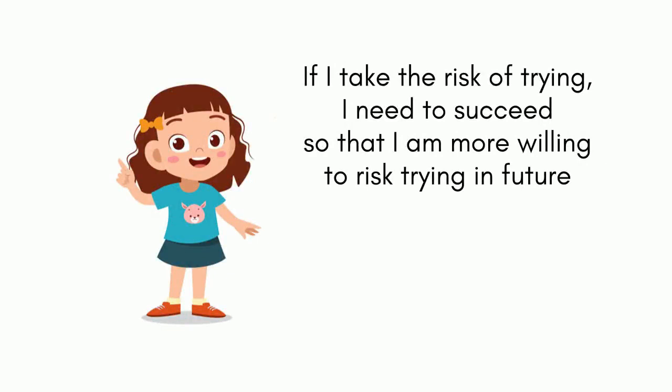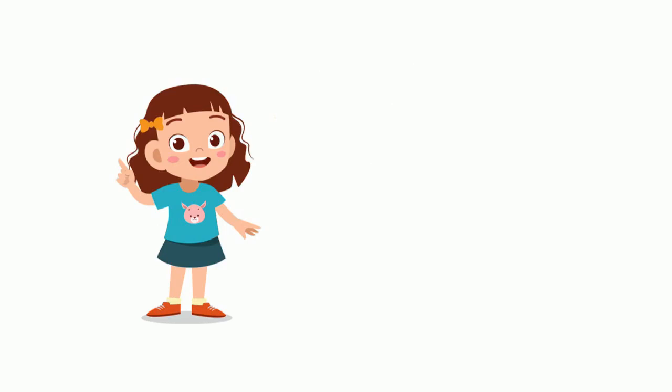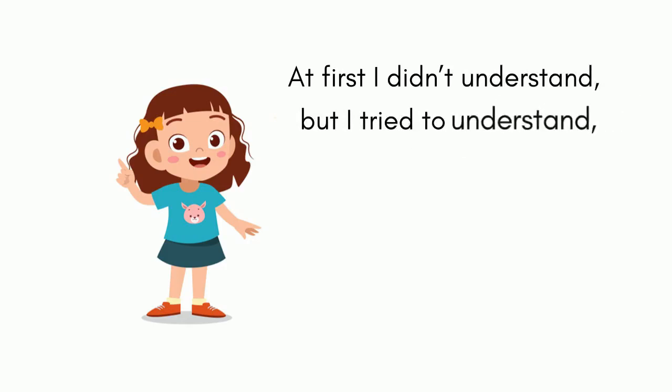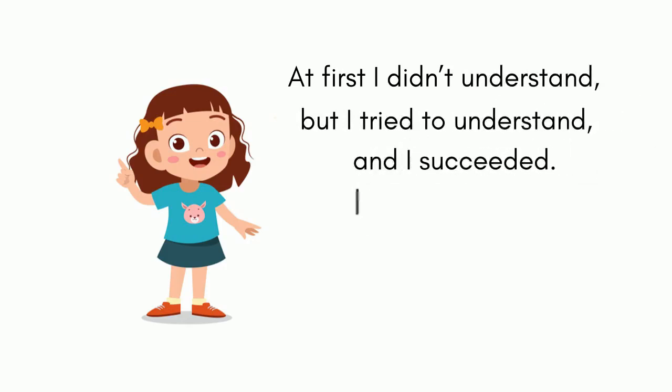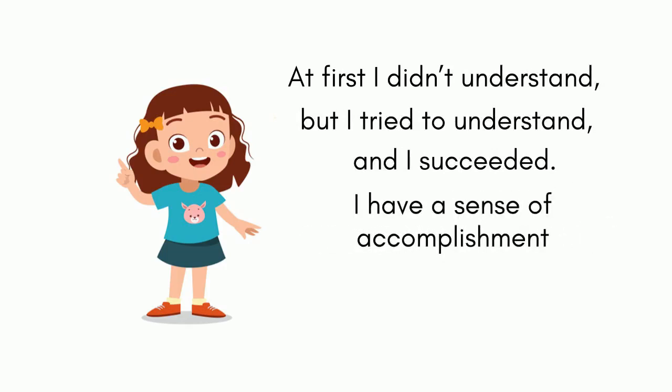If we introduce new language targets through puzzles or mystery of some kind, and the children take the risk of trying to solve the puzzles, it is important that we make sure they succeed, so as to encourage them to be more positive about taking risks in future. I think this means we need a properly graded syllabus with achievable language targets, and we need to give hints to some or all of the children to help them think things through successfully.